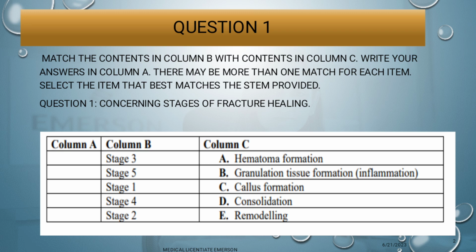Question 1. Concerning stages of fracture healing. We have column A where you're supposed to be putting the answers, then we also have column B. For this one, I'm going to be writing in column A, as the question has said.